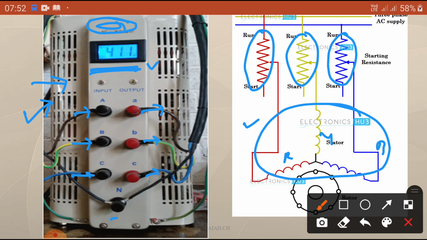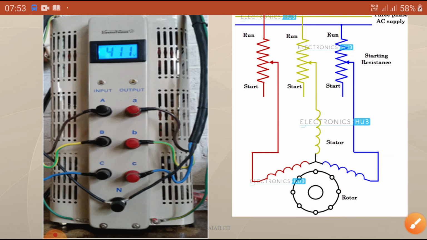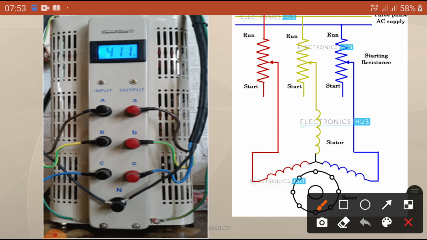Then this is the rotor. By changing this knob up and down, we inject the corresponding voltage across these terminals. That's the basic concept. So by changing this jockey, we can inject the corresponding voltage across these terminals.